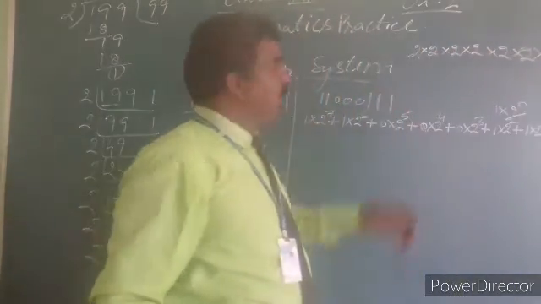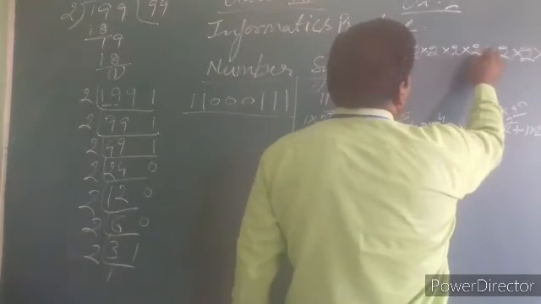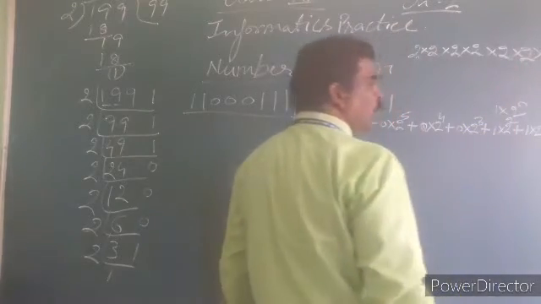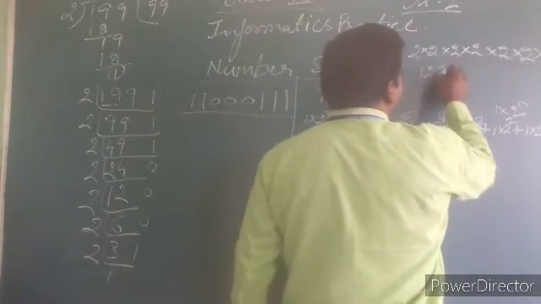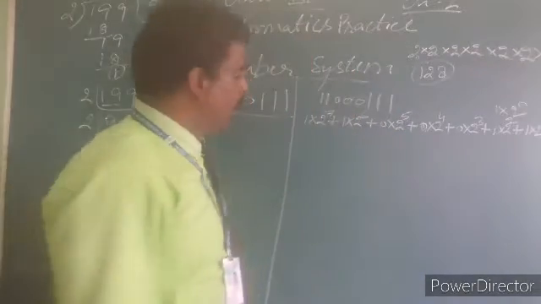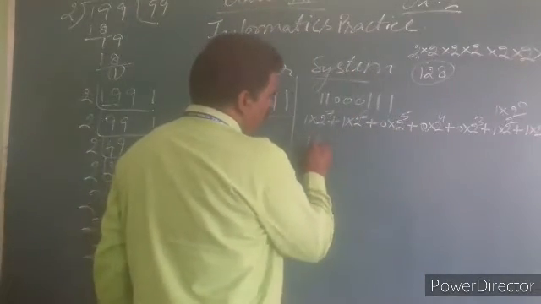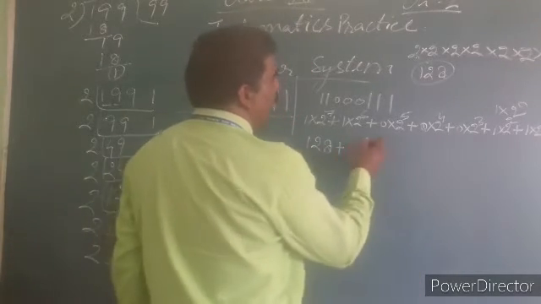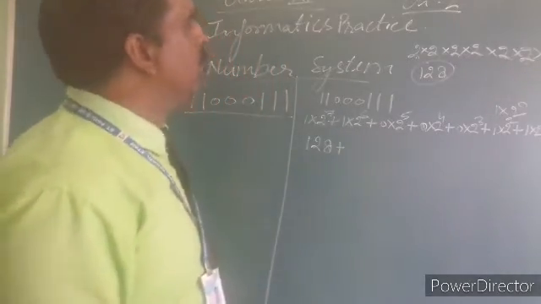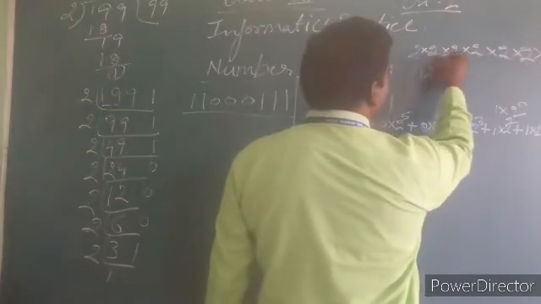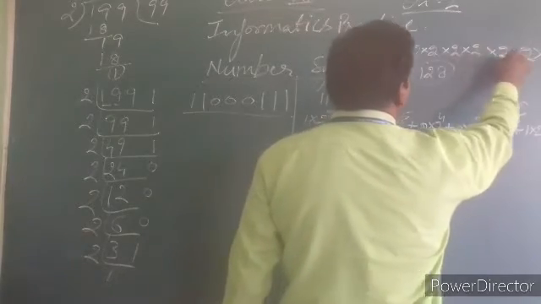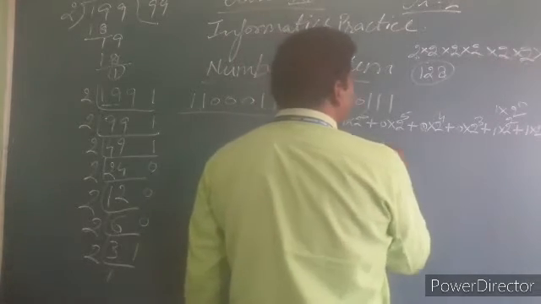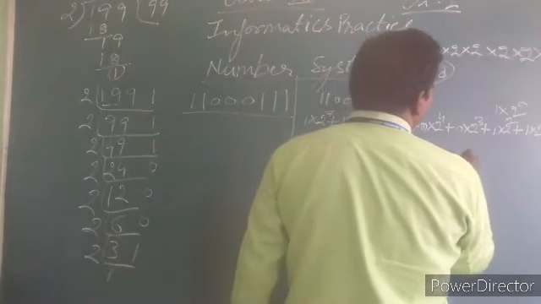Check it. 2 twos are 4, twos are 8, twos are 16, twos are 32, 64, and 2 more, 128. 128 into 1 equals 128 plus, after that check it, 6 times: 2 twos are 4, 8, 16, 32, 64, plus 0 plus 0 plus 0.